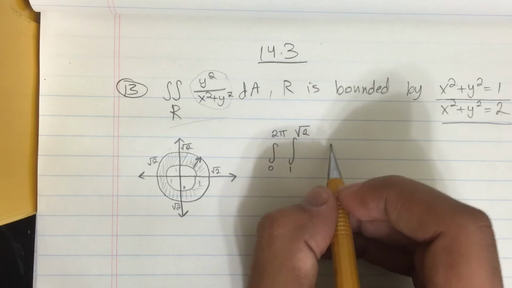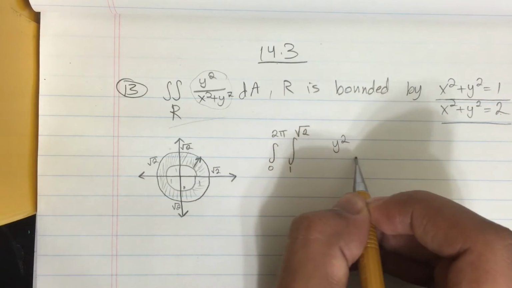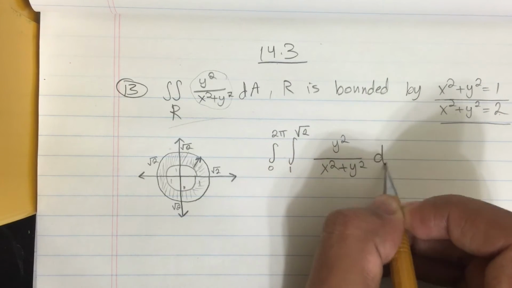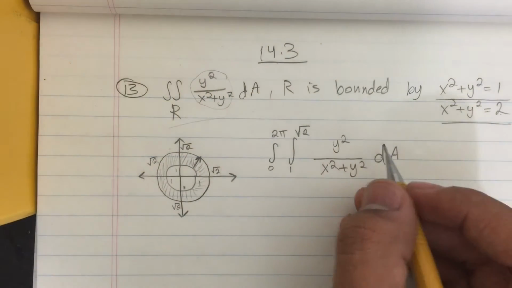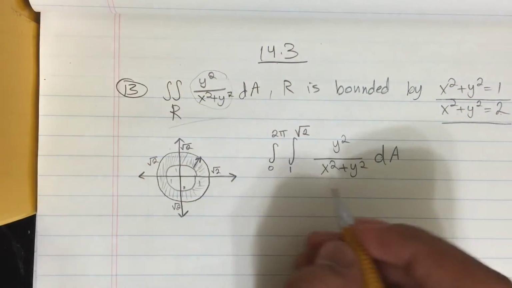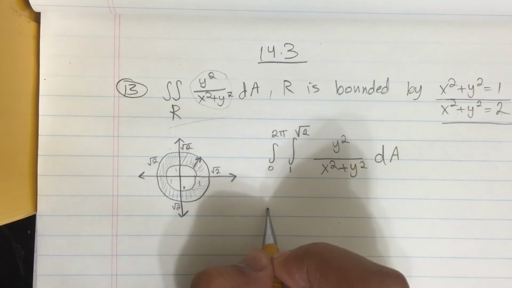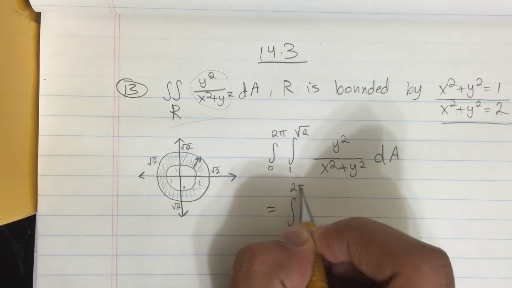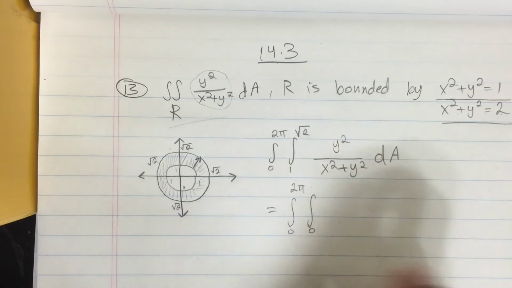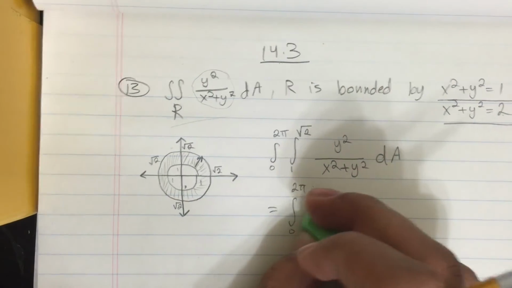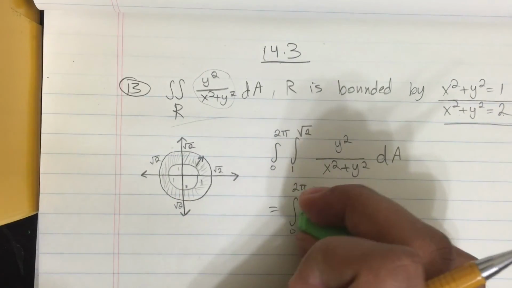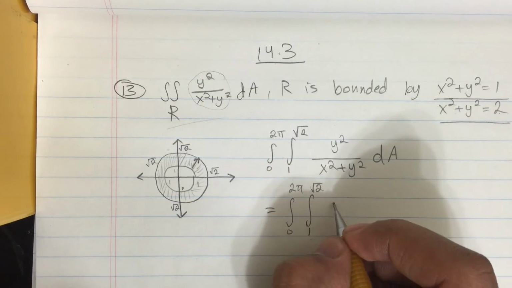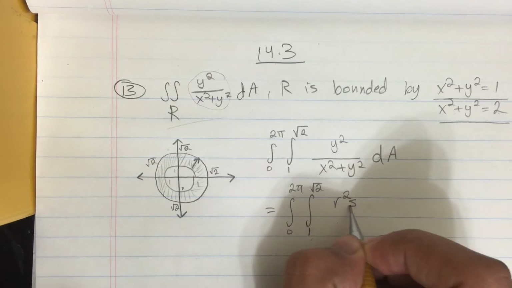And then we can sub in the values here. So we have y squared over x squared plus y squared over dA. Then we can go ahead and sub in the values for y and x. So we have 0 to 2 pi again, r squared sine squared theta.